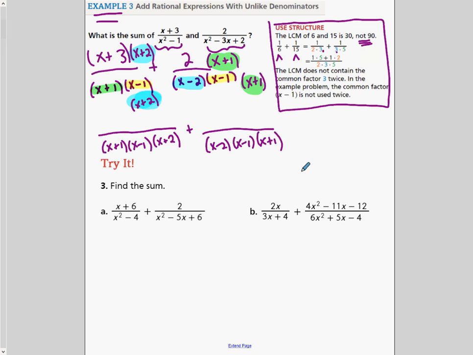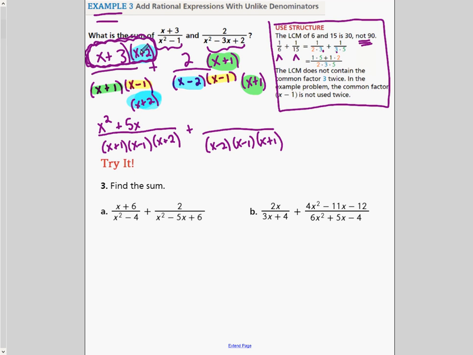Now to keep going here, we're going to need to see what we get up here. Let's go ahead and FOIL this out to see what we get when we multiply x times x, x squared. I'm just going to FOIL this. On the outside, you get a 2x, and on the inside, you get a 3x. So that's going to make a 5x there. And I'm multiplying this out, and then I'm going to distribute the 2.